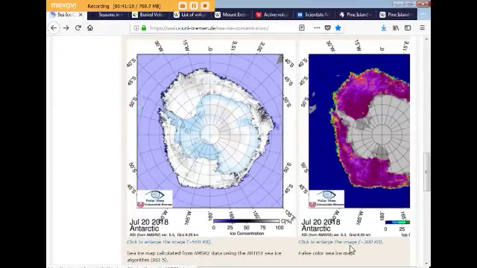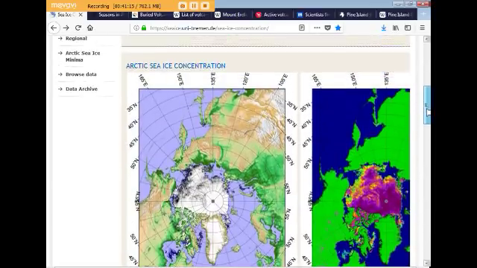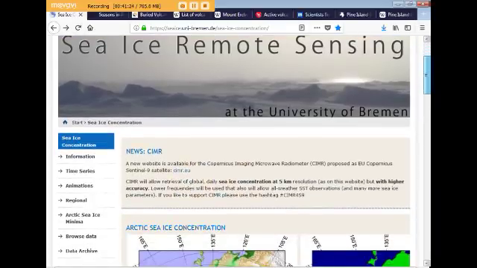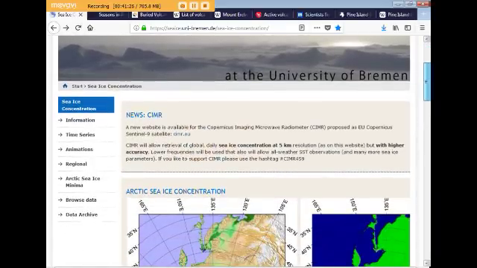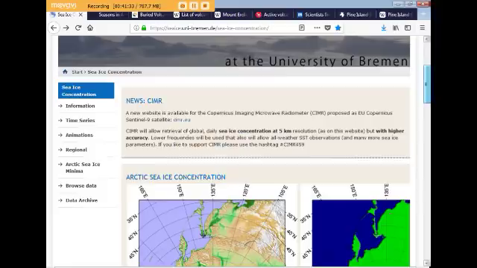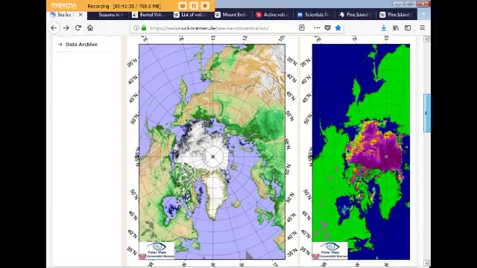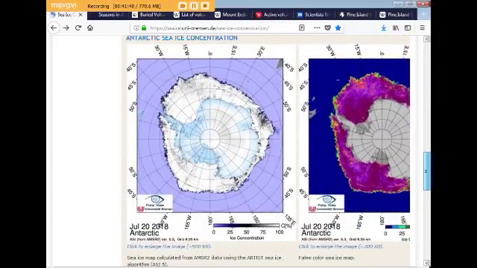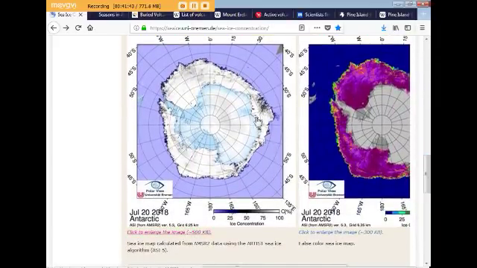Here's another website where you can see the sea ice concentration. This is from the University of Bremen, sea ice remote sensing, and this is part of the Copernicus imaging microwave radiometer. Here's the North Pole, here's the South Pole, and I'll leave a link below to that.